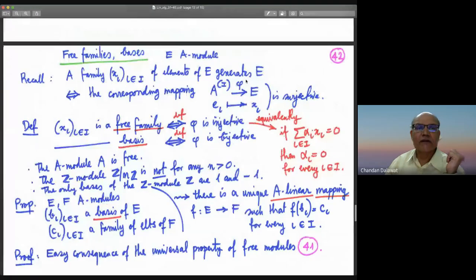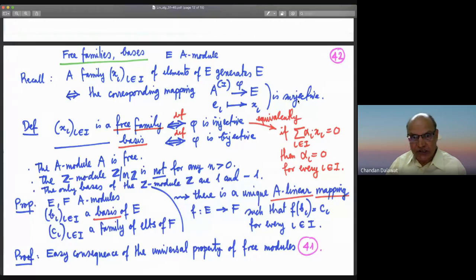So in general, if I'm given an A module E and a family of elements x iota in E, where iota is in some indexing set I, I get an A linear mapping from the free module on I to E, sending the e iotas to x iotas.